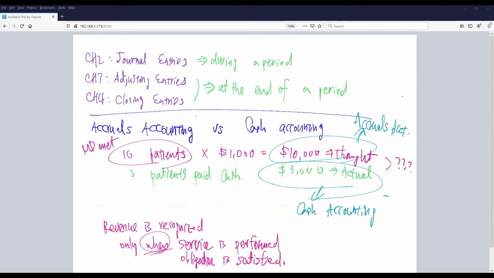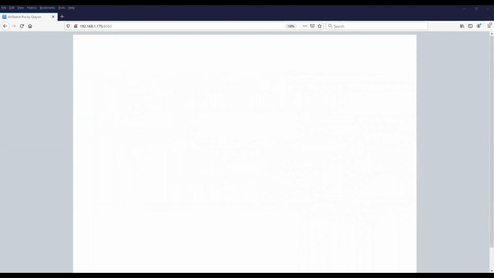This is called revenue recognition principle. Okay. Tell me again. Revenue recognition principle.